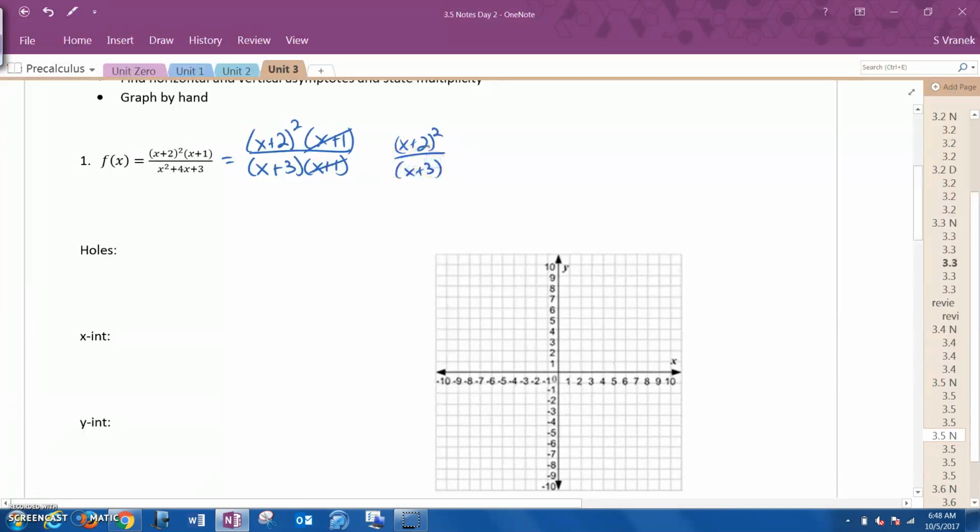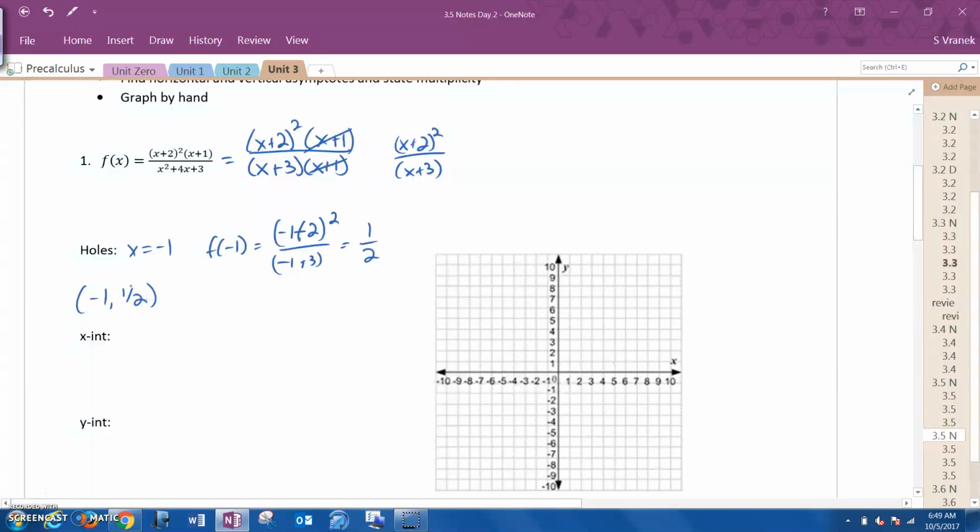Okay, which means there's a hole at x equals -1. It's whatever makes the thing that cancels 0. So now you have to plug in -1 into the remaining. So we get -1 plus 2 is 1 squared is 1. 3 minus 1 is 2. So 1/2. So there's a hole at -1, 1/2.